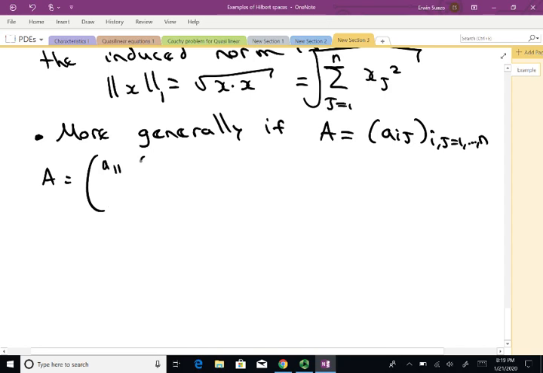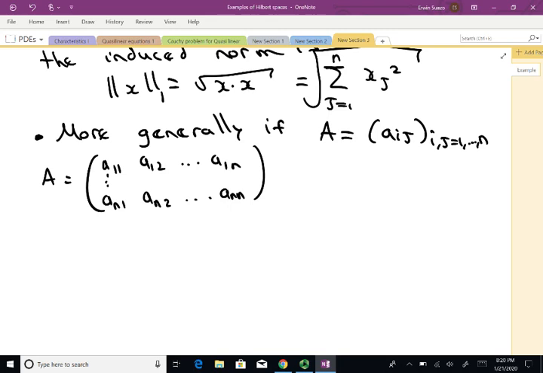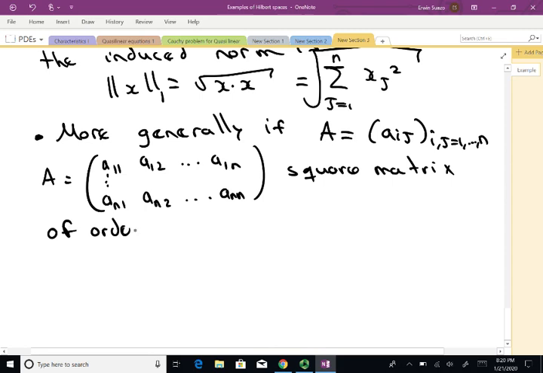A11, A12, up to A1n, and then down to An1, An2, up to Ann. So this is the notation for that, okay? So you have a square matrix of order n, symmetric and positive.